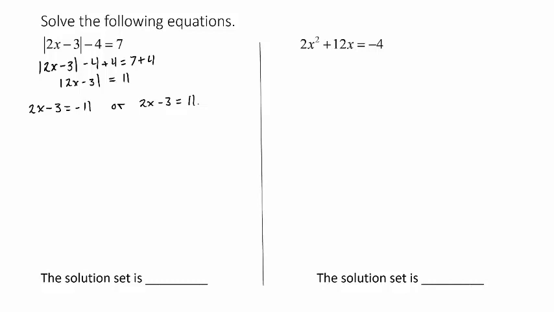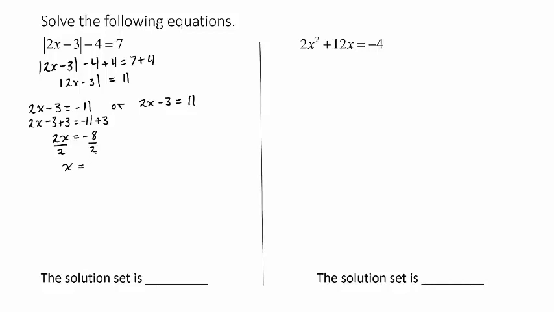Okay, in both cases, I have to add 3 to both sides, right? So with this first one, I'm going to have 2x minus 3 plus 3 equal to negative 11 plus 3. All right, so now I have 2x equal to negative 11 plus 3, which is negative 8. And then I want to divide both sides by 2.